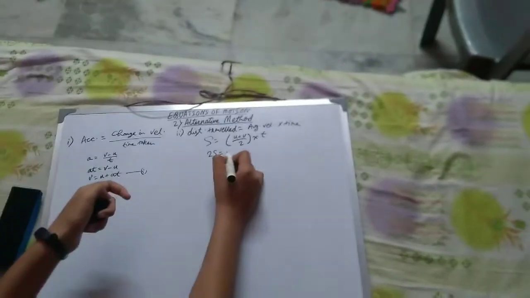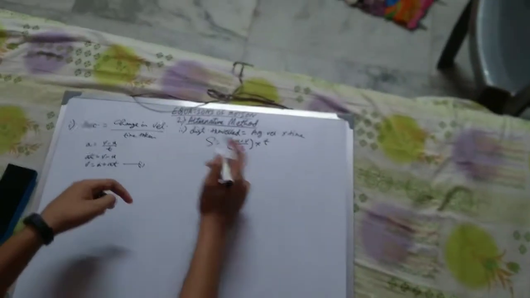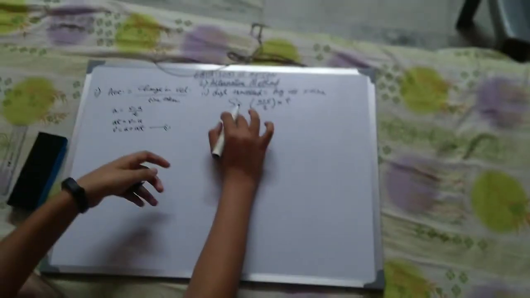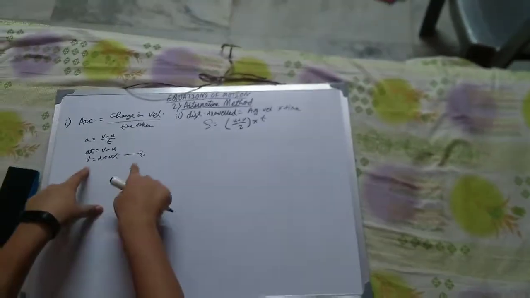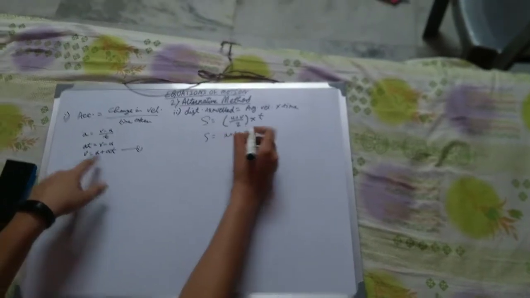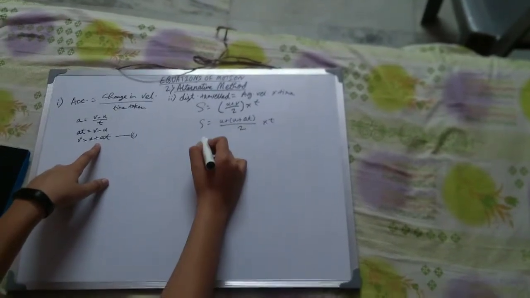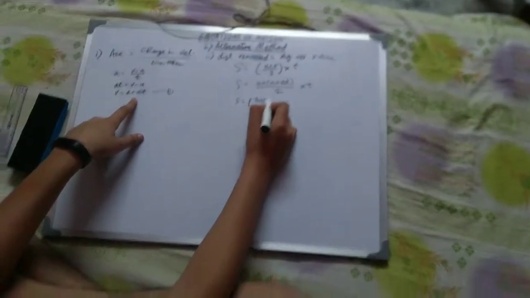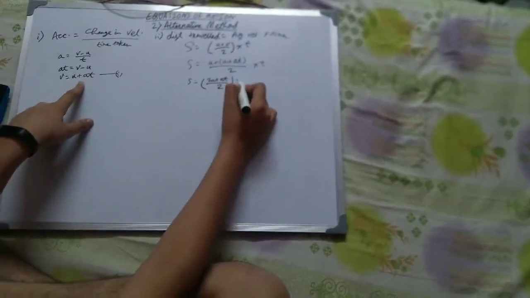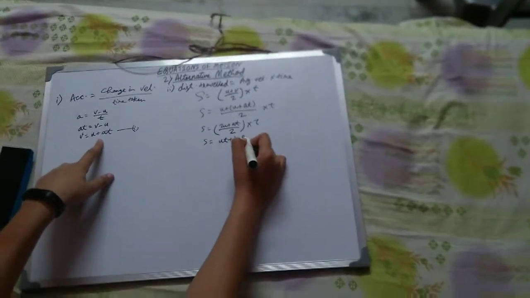From equation 1 we got v equal to u plus at, so putting that value, we can write s equal to u plus u plus at by 2 into t, or s equal to 2u plus at by 2 into t, or s equal to ut plus half at square. And friends, this is the second equation of motion.